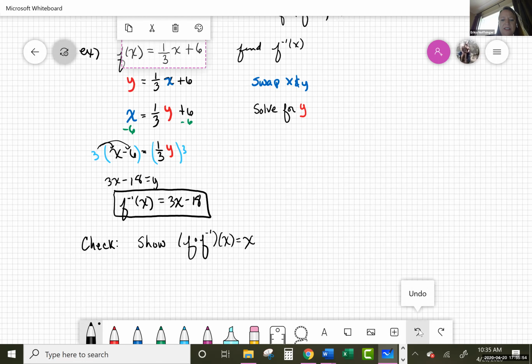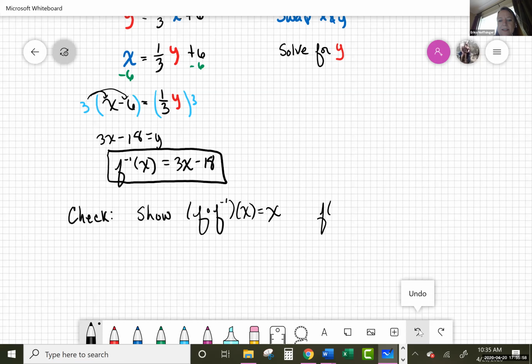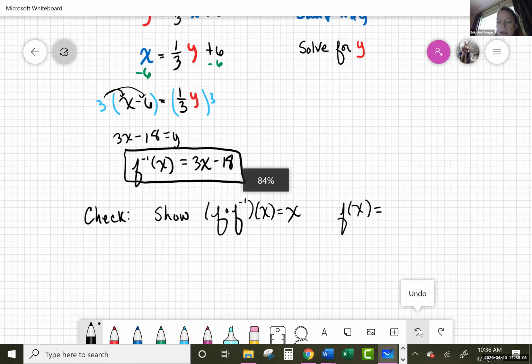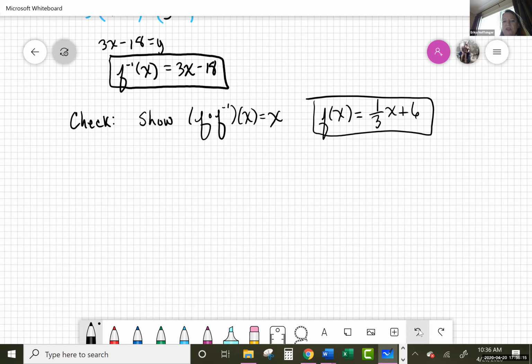I think I have these cool tools. So we have f of x, right? We were given that it was 1/3 x plus 6, just so I had them in front of me. And so this told me I wanted to show f of f inverse of x. So basically I'm looking at the following.